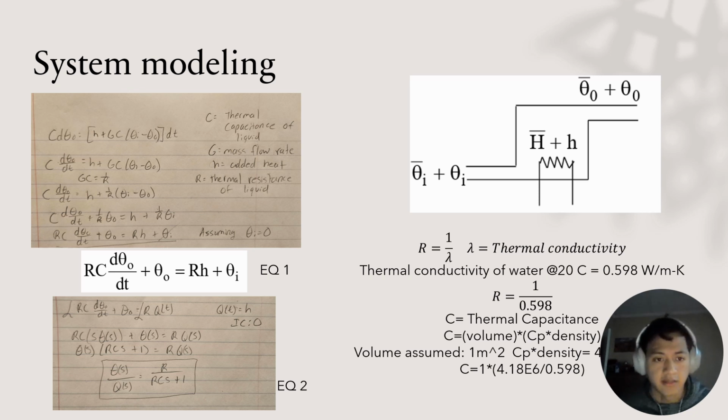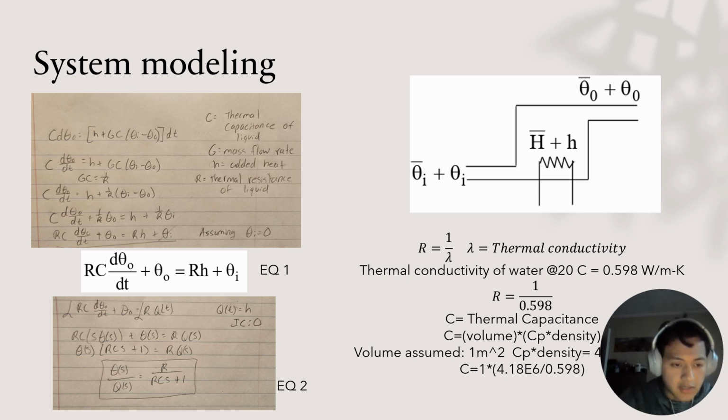Now here to my left, we can see a derivation of the system, and in equation 1, we can see an equation that models the output temperature in response to the energy and the input temperature added to the system.